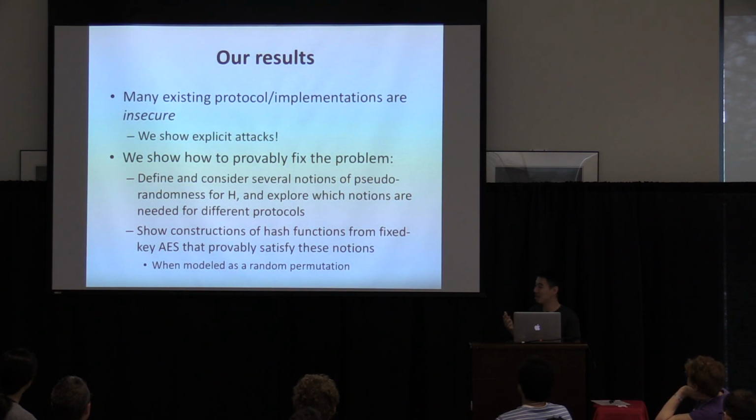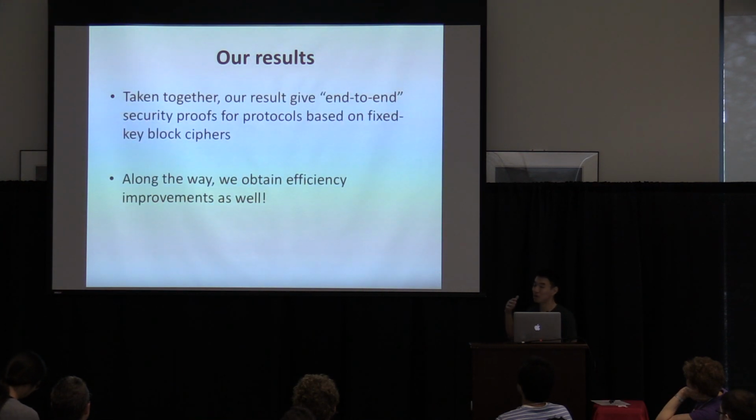We want to achieve secure end-to-end systems for MPC protocols, from the protocol down to the implementation at the very bottom. Because everything is proven and can be reduced back to fixed key AES, we also achieve huge performance improvements. I will mention that later.